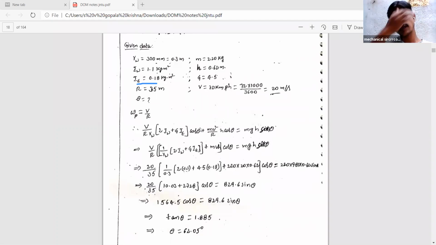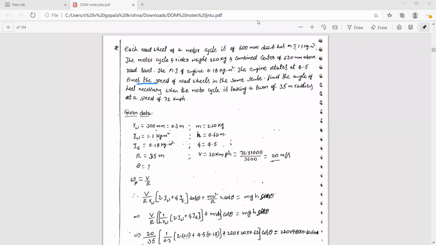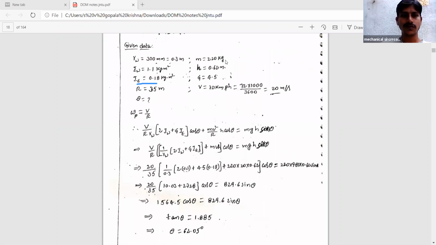So v square by, here again we are missing the term, so that is the v square by what we write the particular formula.